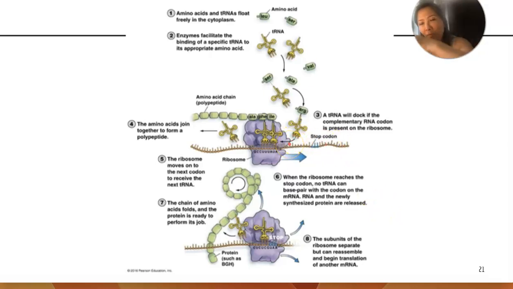This whole ribosome is going to shift over, and it's going to bring down a certain amino acid based off the anticodon that recognizes and is complementary to the codon on the mRNA. Then the growing polypeptide is going to get moved over and attached to that amino acid. Then the whole ribosome shifts over, and this one will now be empty because it no longer has the growing polypeptide.